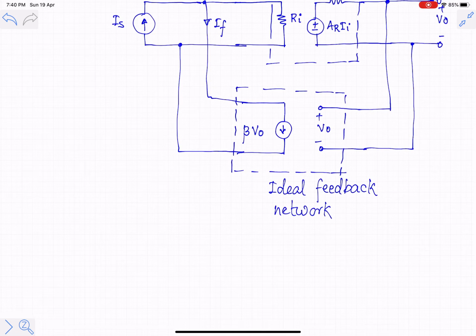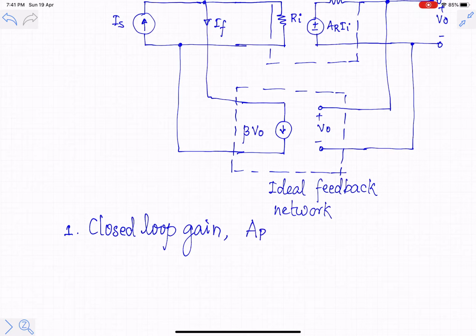Now we have to calculate various parameters of it. The first one is called as the closed loop gain, which is represented by AR closed. The suffix R indicates that the gain has a unit of resistance.